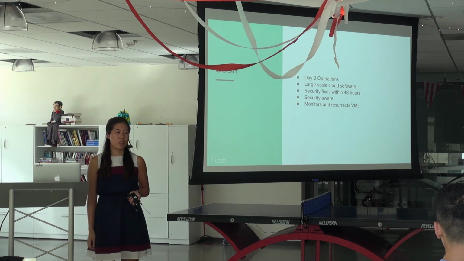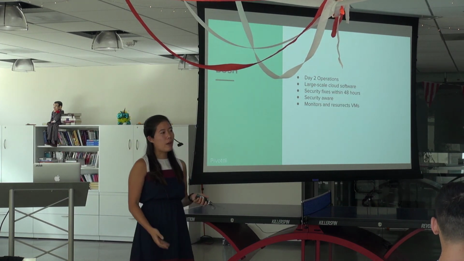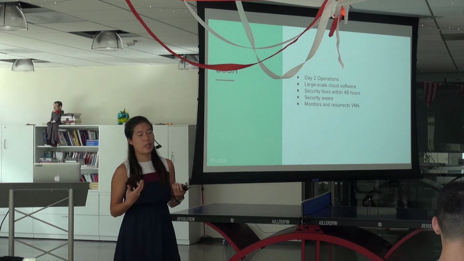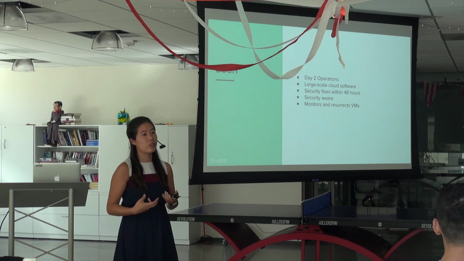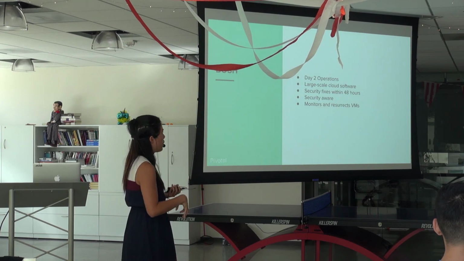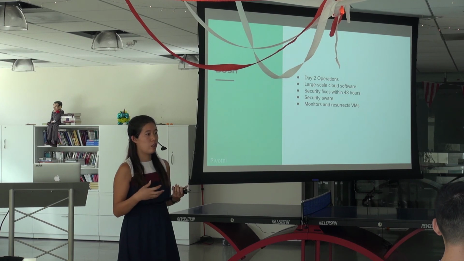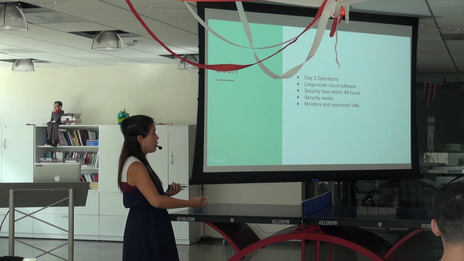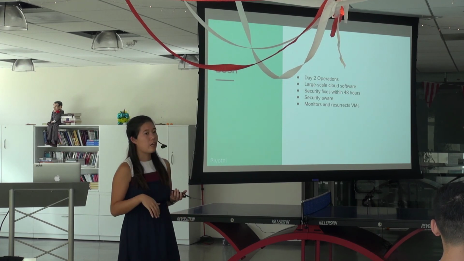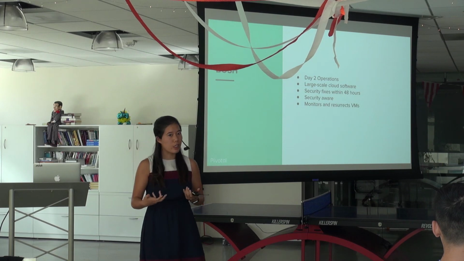And lastly, BOSH also monitors and resurrects virtual machines. If we think back to that initial picture of what a Kubernetes cluster is, a Kubernetes cluster is made up of masters and workers, each of which is its own virtual machine. Because BOSH is the deployment tool that you're using to create all of these virtual machines, if a virtual machine goes down, BOSH actually knows about it, because BOSH is what deployed it in the first place.